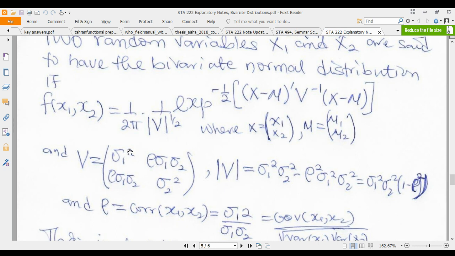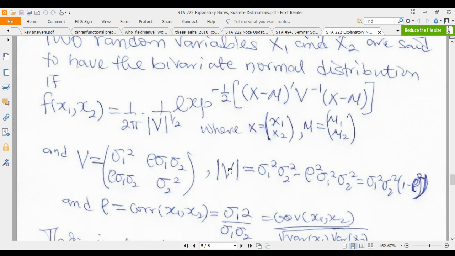and it can be represented in terms of the variances. We can say sigma 1 squared is the variance of the first variable x1, sigma 2 squared is the variance of the second variable x2. Then rho is the correlation coefficient between x1 and x2, and sigma 1 sigma 2 times rho gives the covariance.